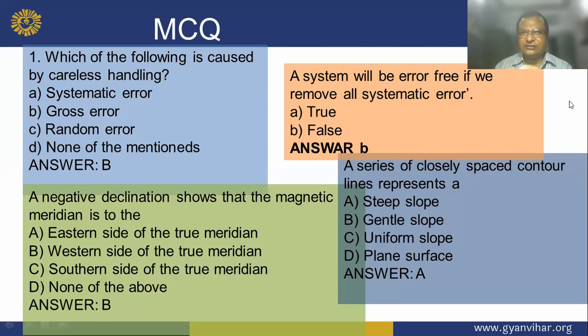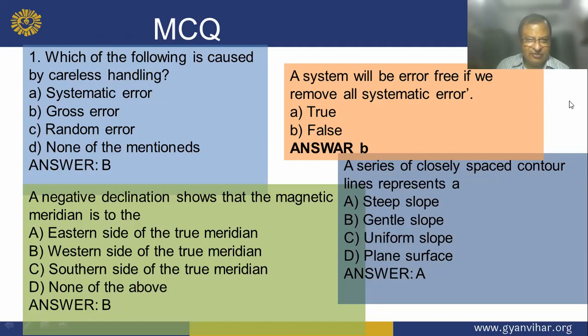Now a system will be error free if we remove all systematic errors. Answer correct or false? Answer is false, B. A negative deflection shows that the magnetic meridian is to, what is the correct answer?